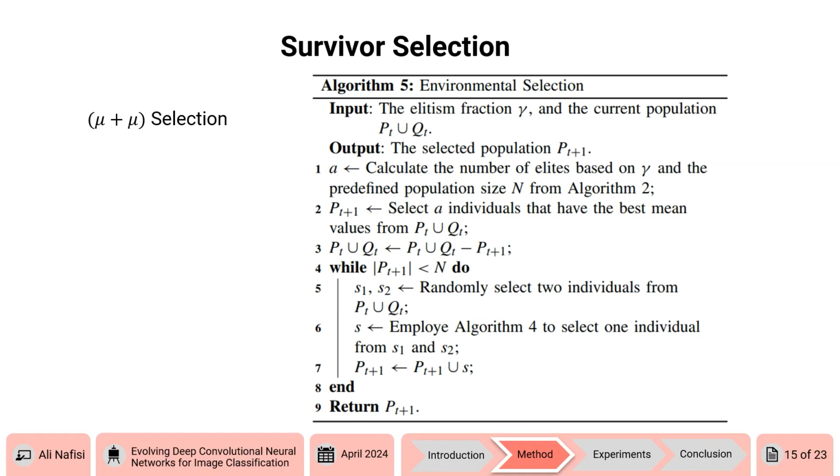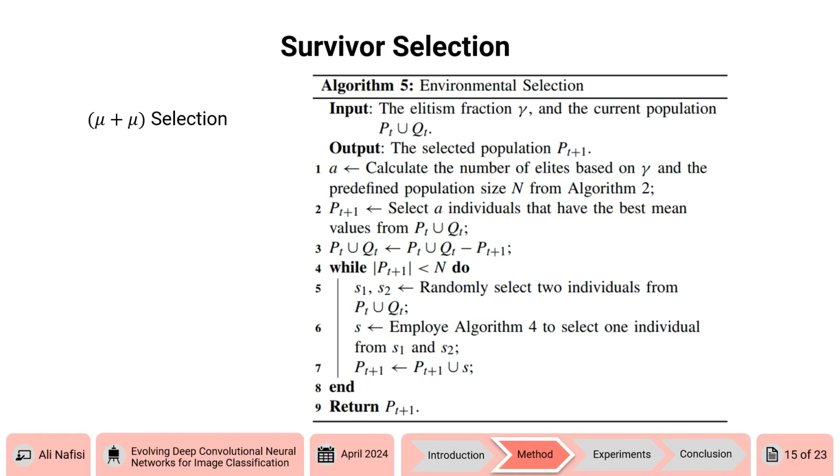In the inputs, we have the populations, the P, which is the current population, and the Q, which is the set of the generated offsprings. We also have a parameter gamma, which is the elitism fraction. We will choose some of the individuals just by elitism. That means that we just choose them based on their accuracy.